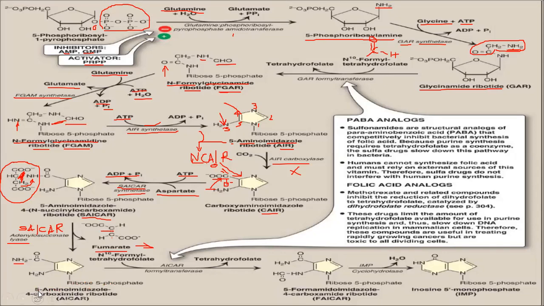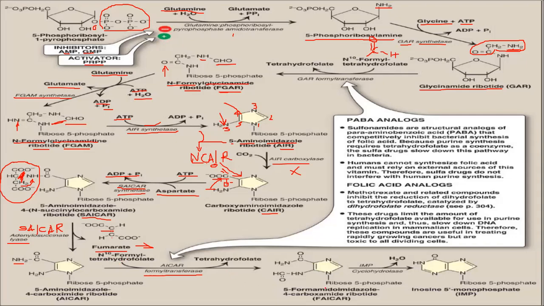Now, the new compound formed after the cleavage is known as 5-aminoimidazole-4-carboxamide ribonucleotide, AICAR. Then the last reaction, where we are adding another element to the purine ring before we cyclize, is catalyzed by AICAR transformylase, or the formyl transferase, where the formyl group will come from N10-formyl tetrahydrofolate.